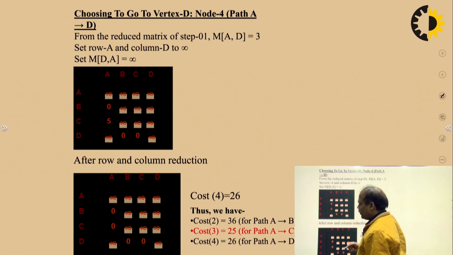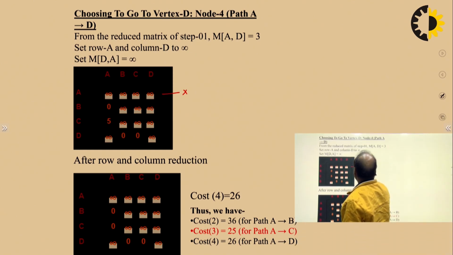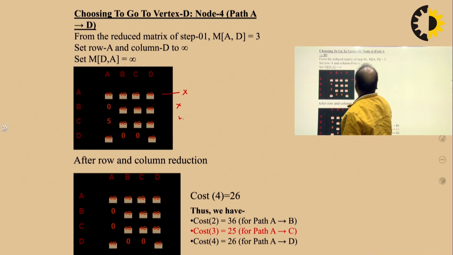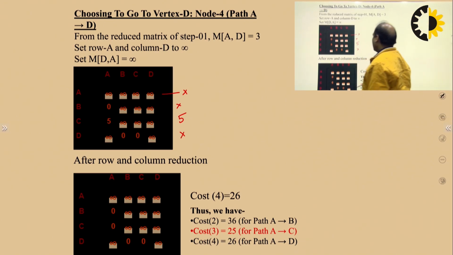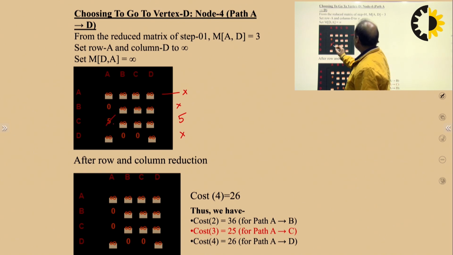Again, you start with the row reduction technique. So there is no reduction, but there is a reduction of 5, no reduction. And then after doing this, look at here, this becomes 0, and you see there is no column reduction. So this cannot be reduced.